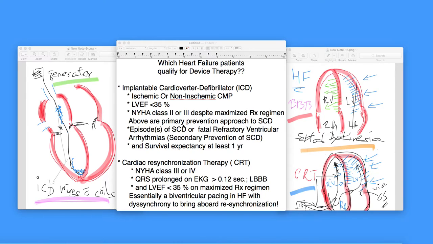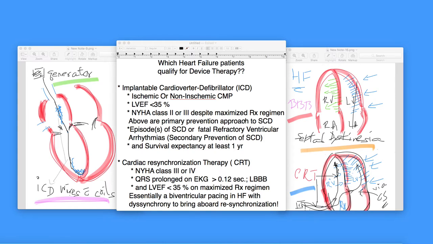And this is despite maximum regimens of heart failure therapy. I believe all these guidelines were made prior to the neprilysin inhibitors and prior to ivabradine, the two new drugs that came in only in the past couple of years. So just remember that.